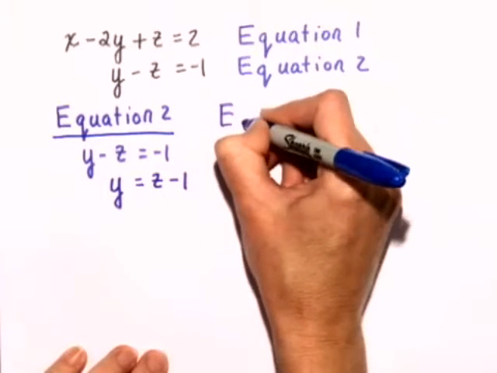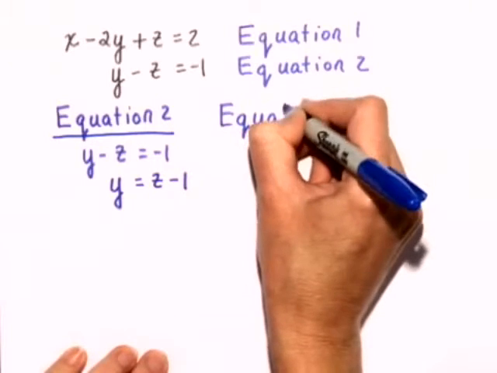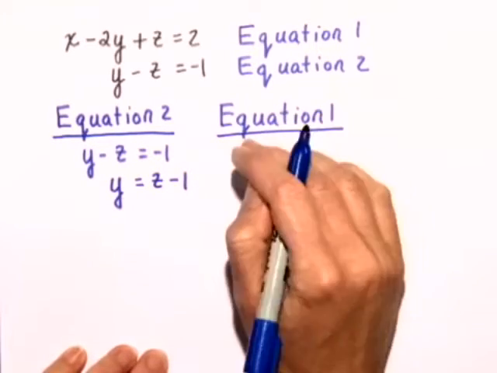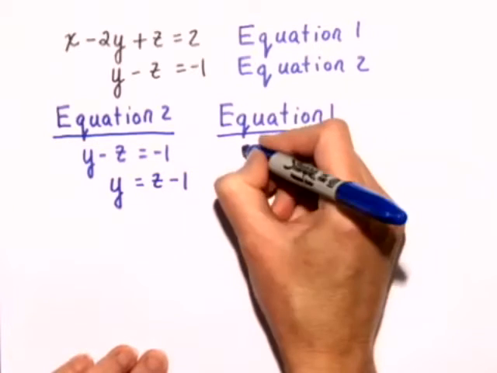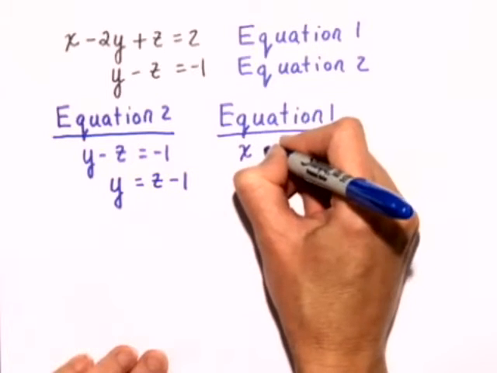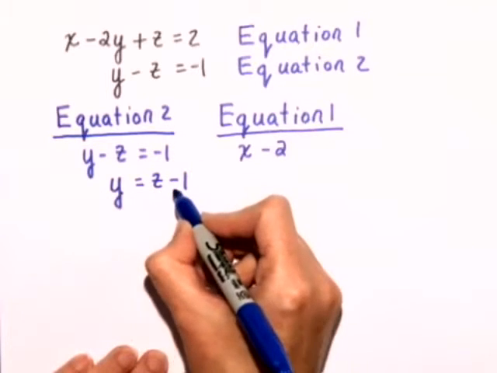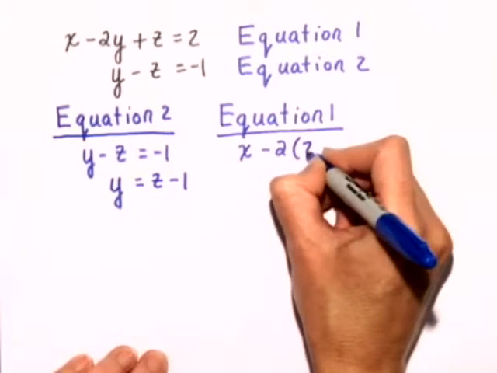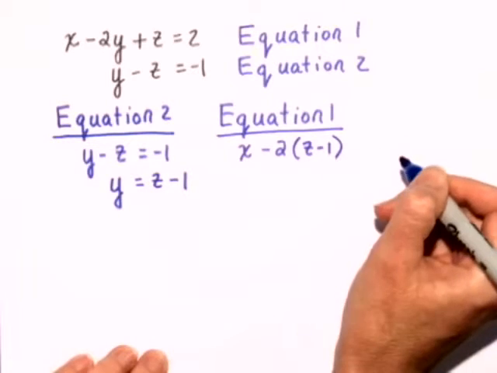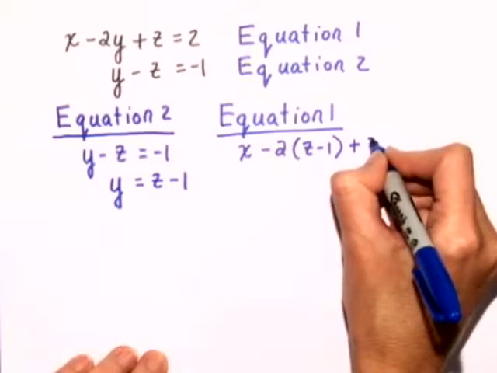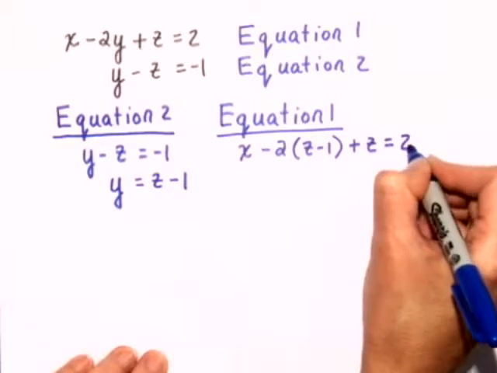Now we'll move on to equation 1. And we'll solve for x in terms of z. So we have x minus 2 times y, but we know that y is equal to z minus 1, so we'll substitute z minus 1 in there for y. And then we still have plus z is equal to 2.